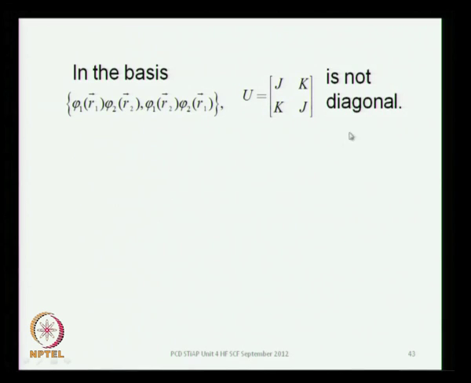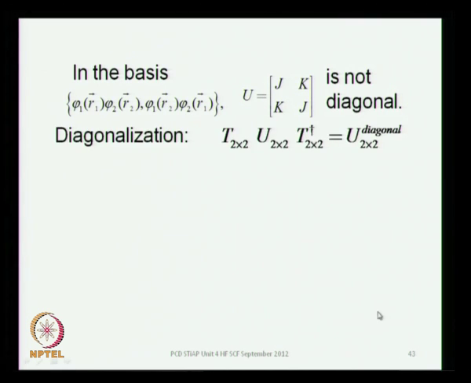So, in this basis, the Coulomb interaction is obviously not diagonal, but you can diagonalize it. So, let us do that. Go ahead and diagonalize it. So, you find a matrix T which will diagonalize it. So, T U T dagger will give you a diagonal 2 by 2 matrix, and this is a simple problem in matrix diagonalization which you can do in 2 minutes.